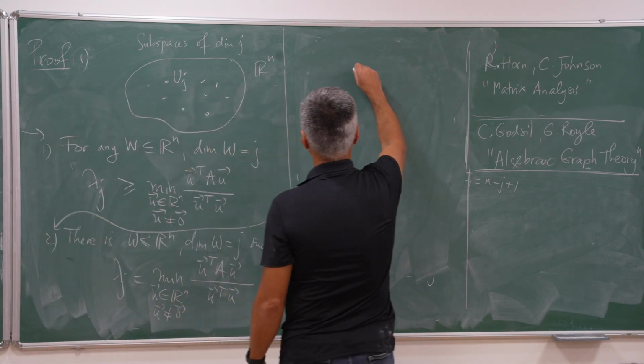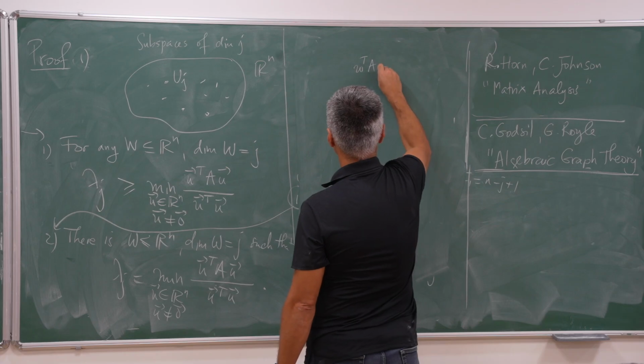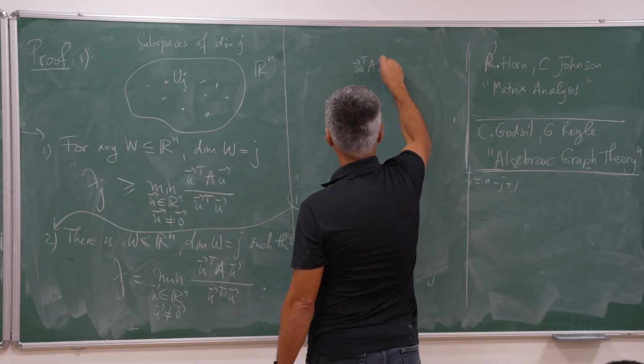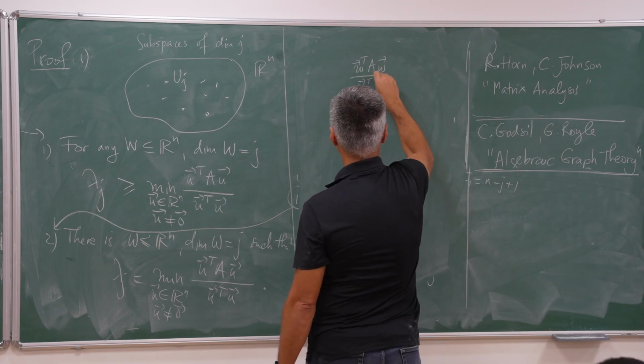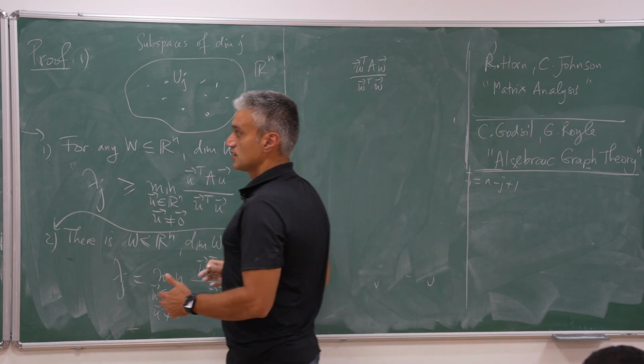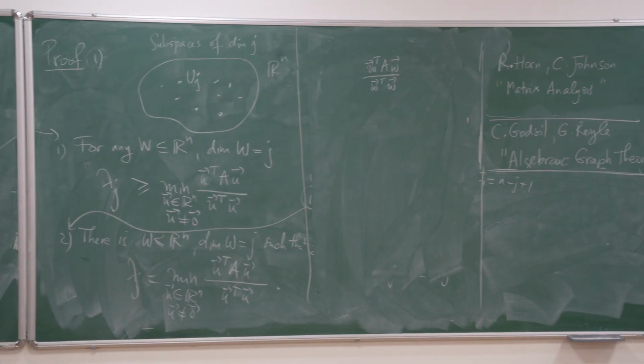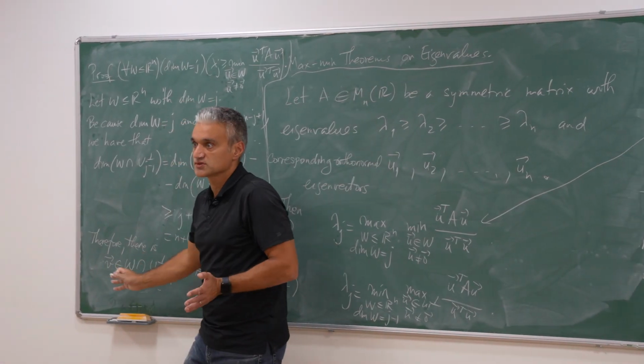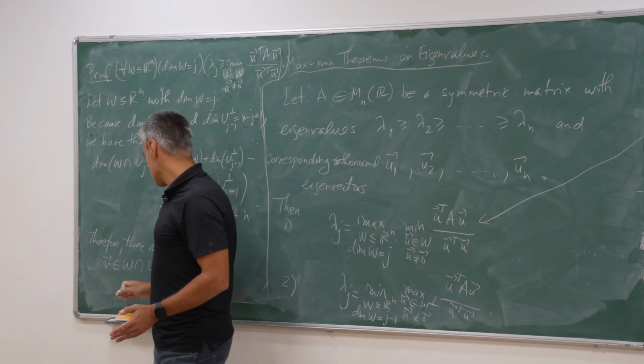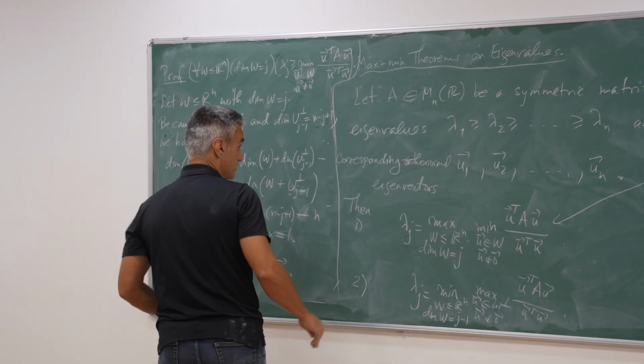So now we look at this v transpose A v. Again, it's in the intersection, so it's going to be a double agent. It's going to play two roles for us. I call it v.